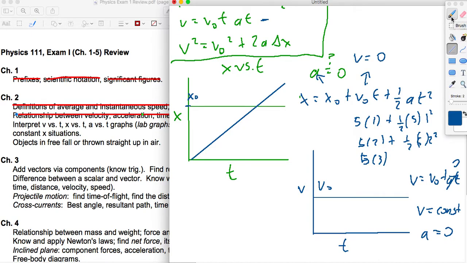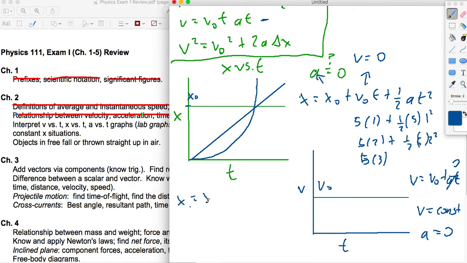All right, and now lastly, if you have a graph looking like this, for example, that is a quadratic, that means there is an acceleration.